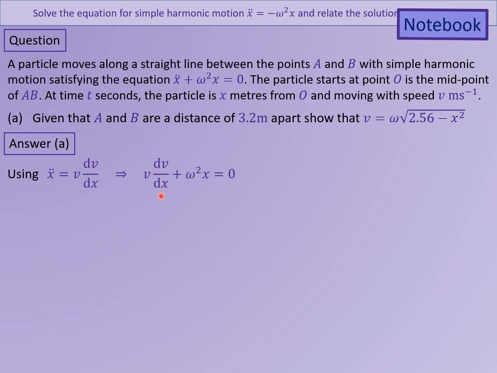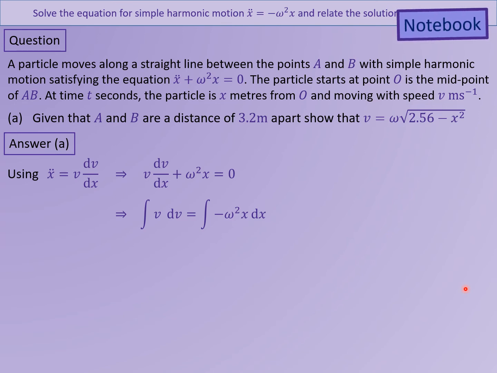Because now I've got dv's, dx's, and just x's and v's in there, I can think about solving this by separating the variables. If I separate my variables out and get that, I can bring my dx over this side. So I get v dv minus omega squared x dx. So I've got both of those.